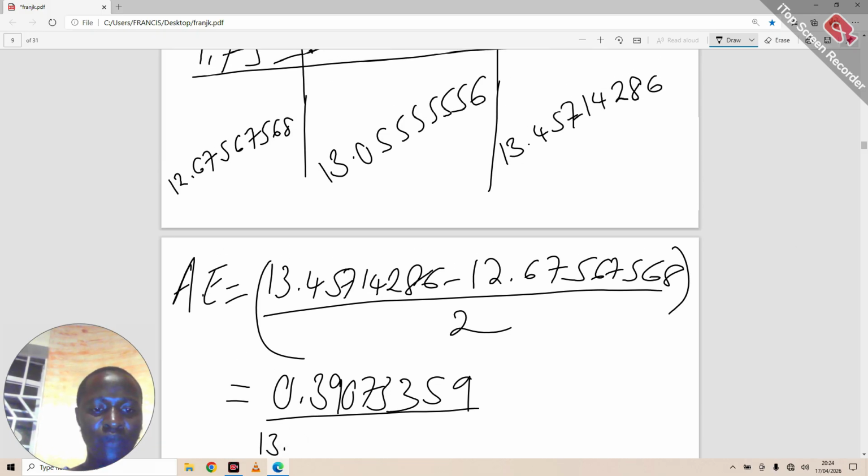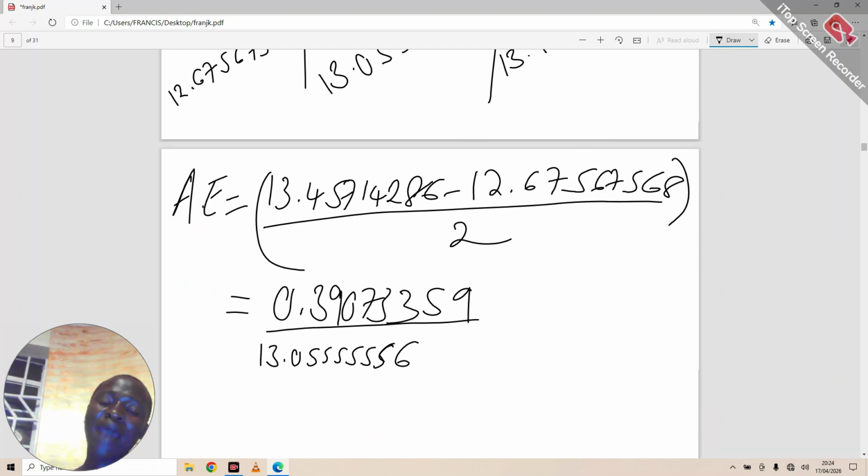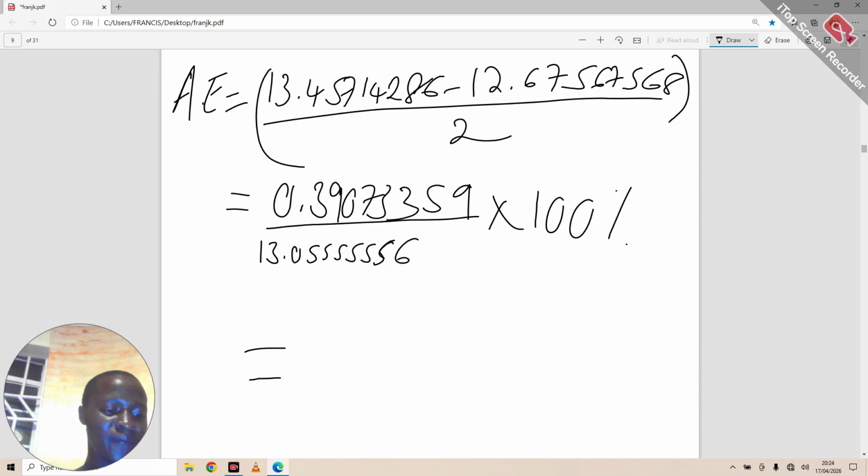So to get my percentage error, it is this absolute error all over the actual value, and the actual value is 13.0, 1, 2, 3, 4, 5, 6, then 6. So percentage error is absolute error all over actual value, then you multiply by 100%. Have that in your calculator, numerator all over denominator, then multiply by 100.